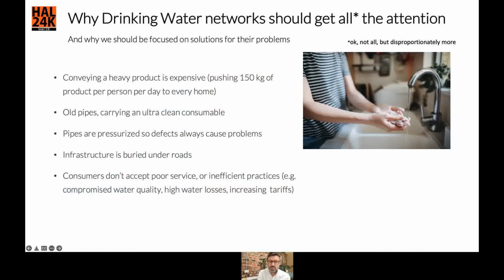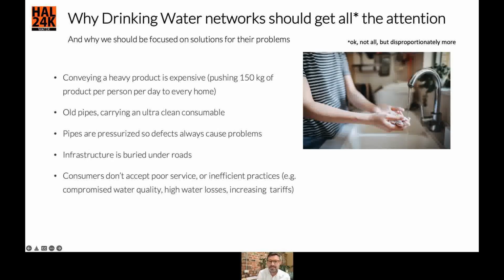And again, you probably know a lot of this, but I just love thinking back again to the challenge of supplying water through a pipe network. Wherever you are in the world, people are drinking 100 to 200 liters of water a day.